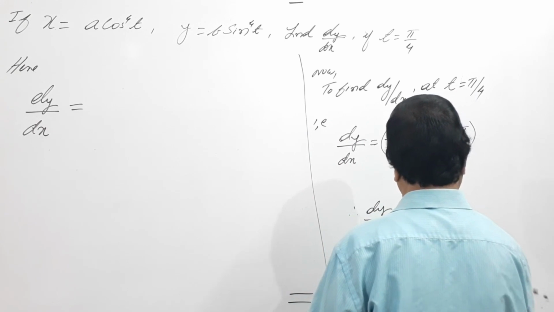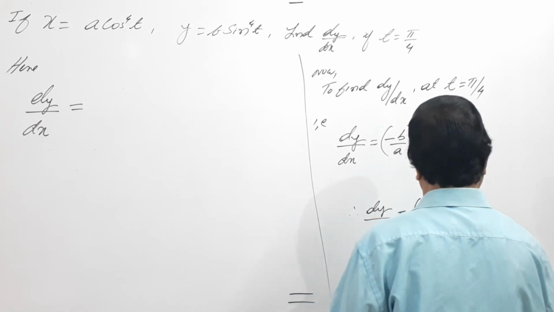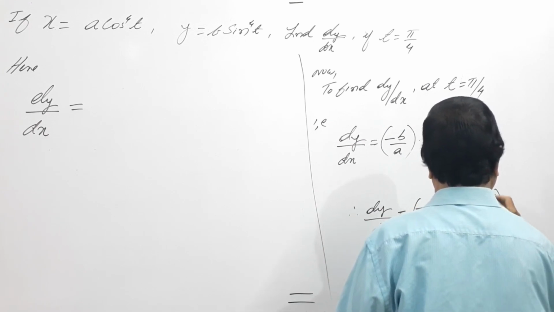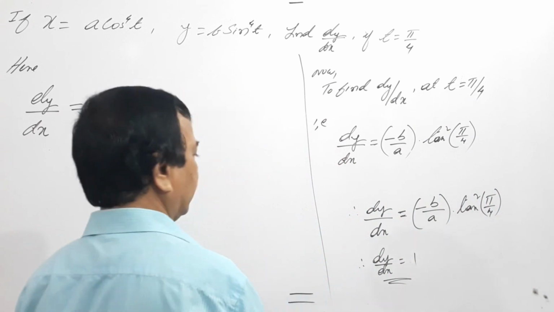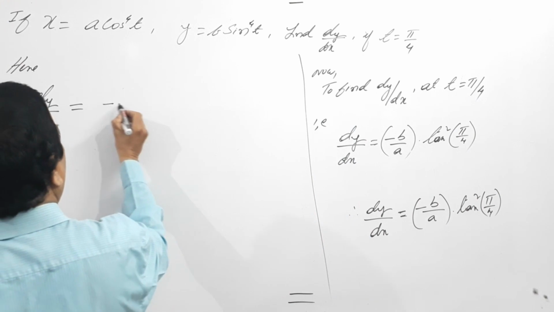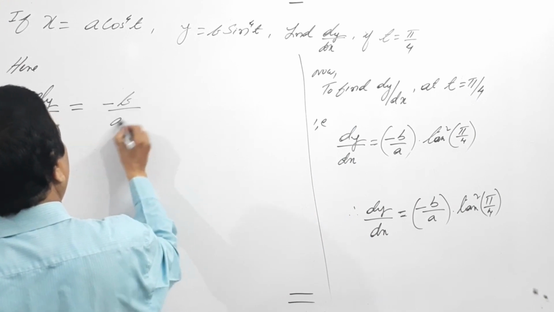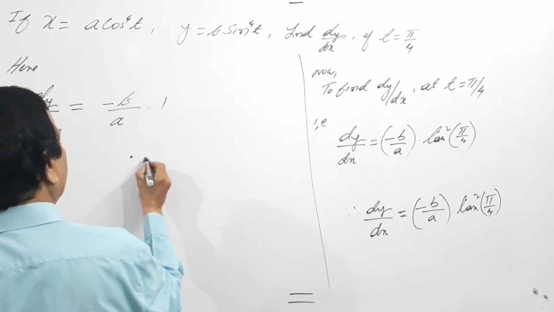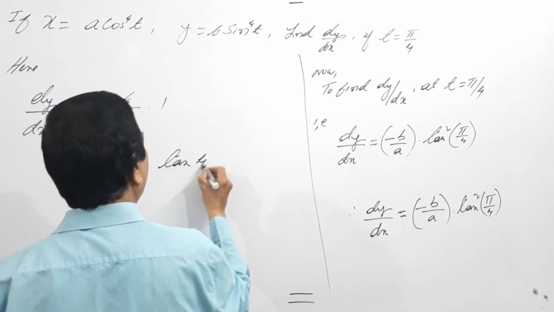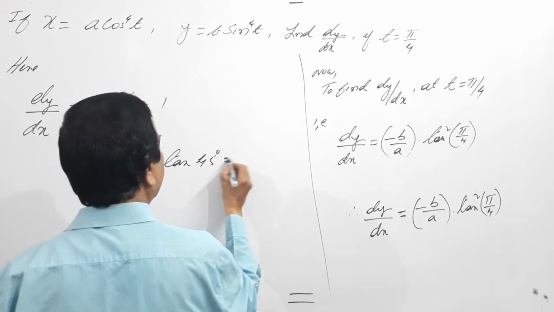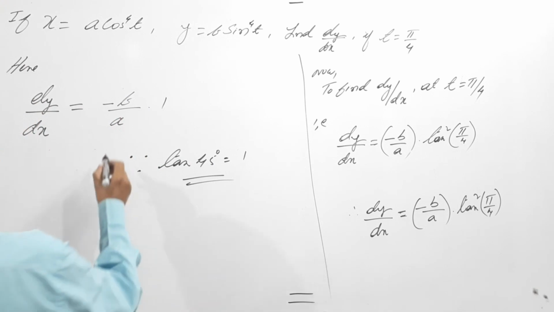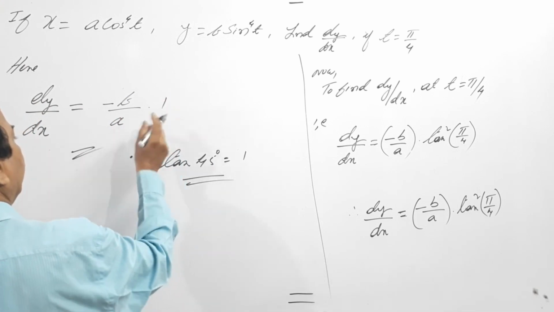That equals minus b by a into 1, since tan of 45 degrees equals 1.